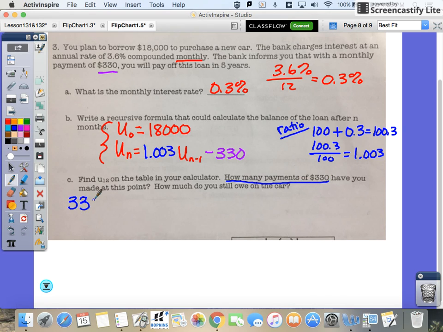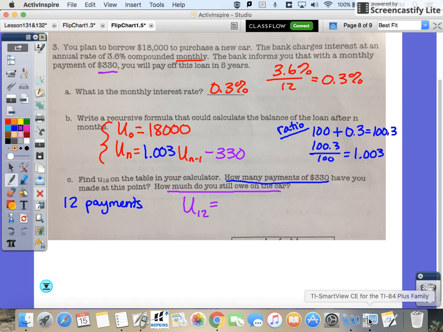That part is 12 payments. The second question is, how much do you still owe on the car? So what we need to do is find u sub 12.